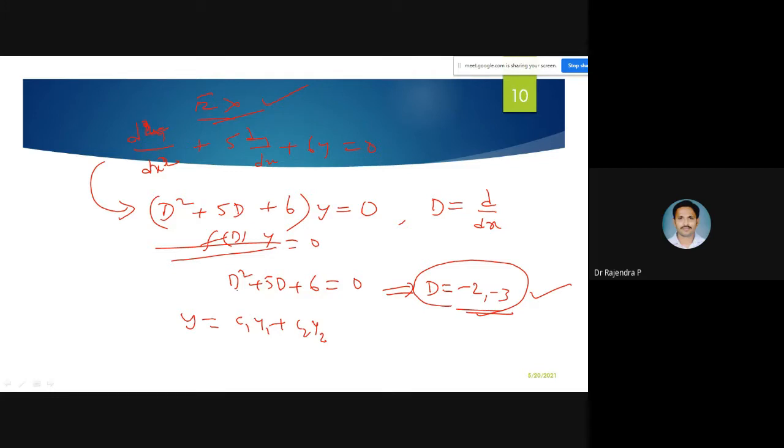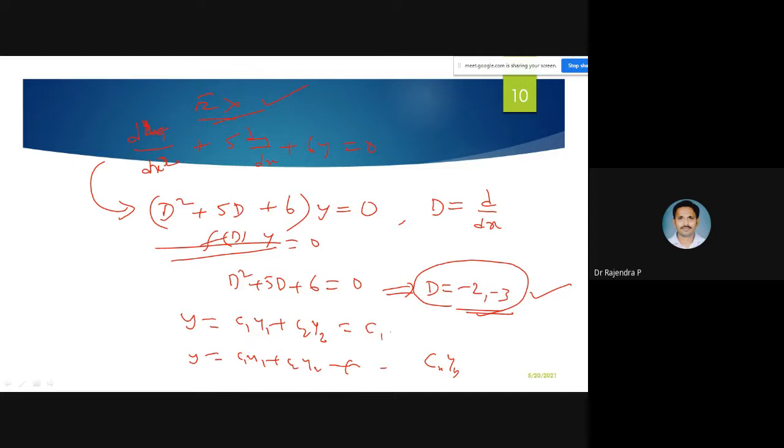Y1 and Y2, because it's a second order. Suppose I have nth order, then y will be equal to C1 y1 plus C2 y2 up to Cn yn. Now, in this case, the solutions of these linear differential equations always come in exponential form.